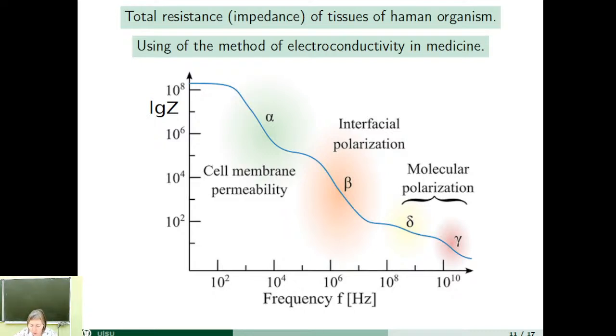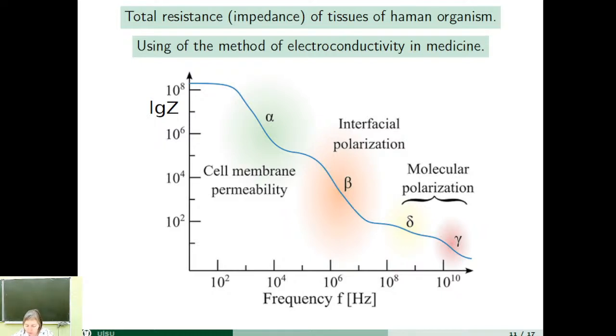They have been called, accordingly, the fields of alpha, beta, and gamma dispersions of impedance. The presence of these fields of impedance says that with increase of frequency of the alternating electric field, different structures of biological tissues participate in the appearance of polarization.